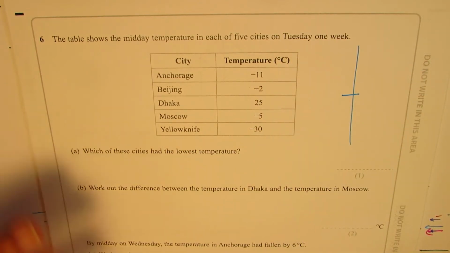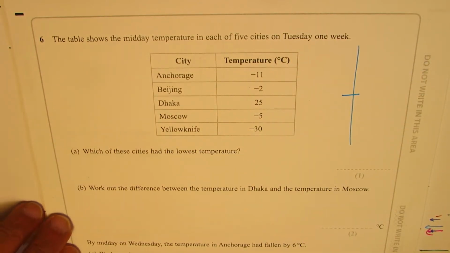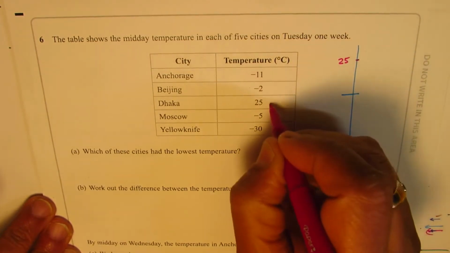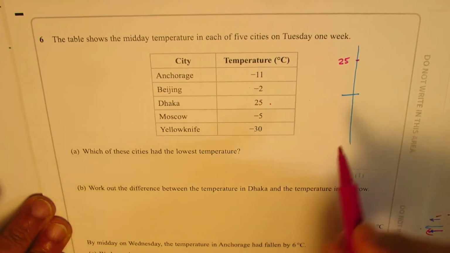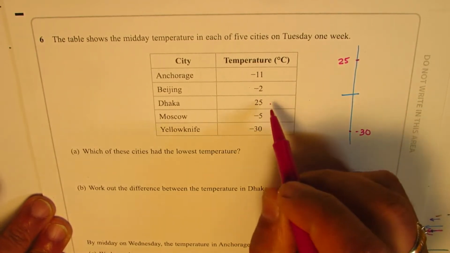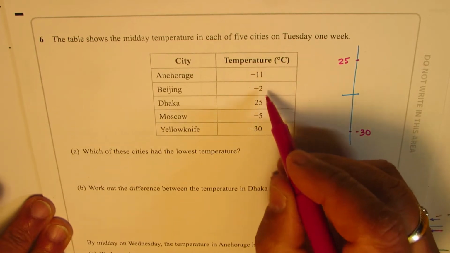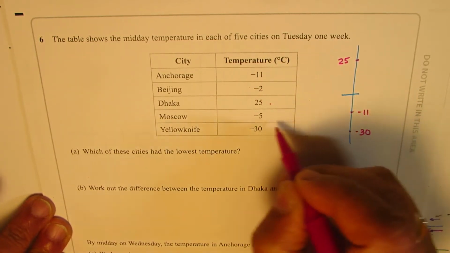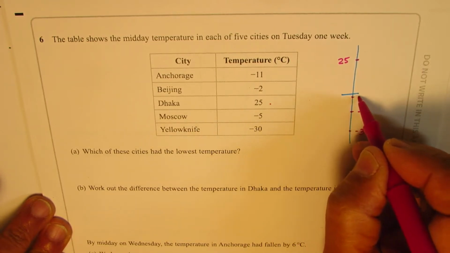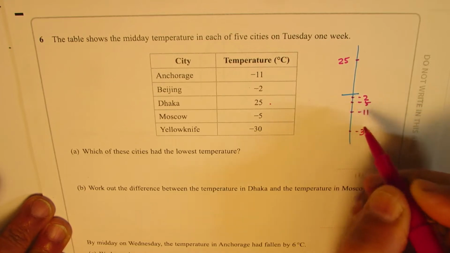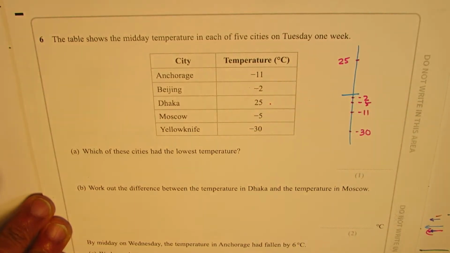So on a scale, positive temperatures, if you write right on the up, let's say this is 25, that is the highest. The lower temperatures, let's say this is the temperature which is minus 30. Then in that case, the temperatures would be around, let's say, minus 11, minus 2, and minus 5. Correct? So these are the 5 temperatures shown.